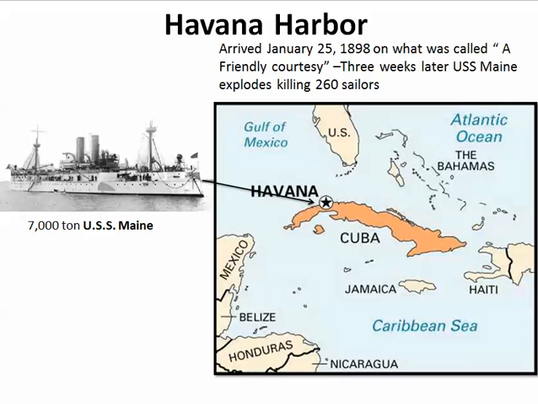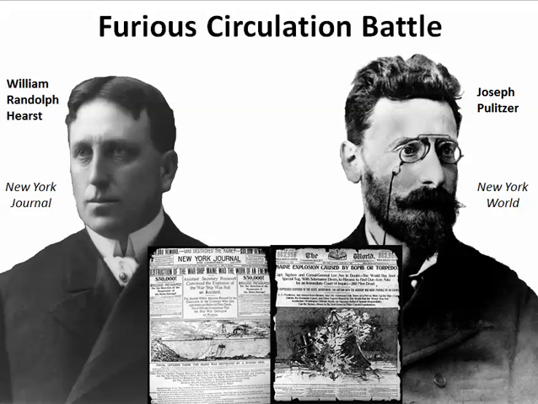Okay. At the time, two New York newspaper owners, one was William Randolph Hearst, the New York Journal, and Joseph Pulitzer of the New York World, were in this furious battle over circulation, who would have the most circulation in the United States.